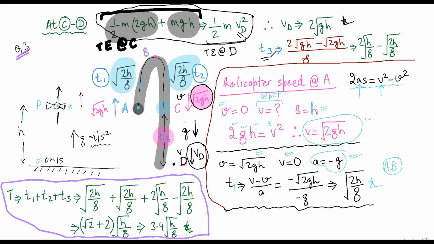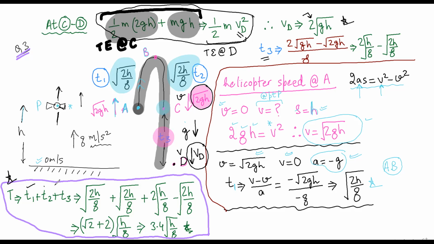T3 would be equal to final velocity minus initial velocity upon g, that is 2 root gh minus root 2gh upon g, and then I simplify this. This would be root 2h upon g minus root h upon g. Again, you will have to trust me that this calculation is okay. Are we clear till here? Okay. So now I have got my T1, T2, T3.